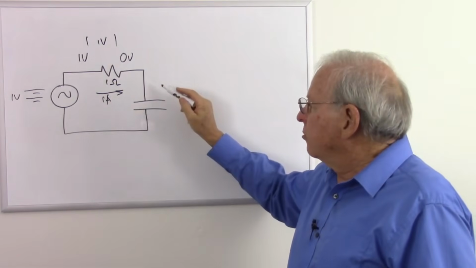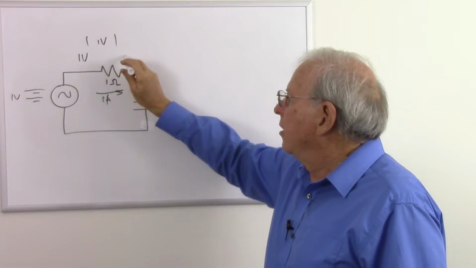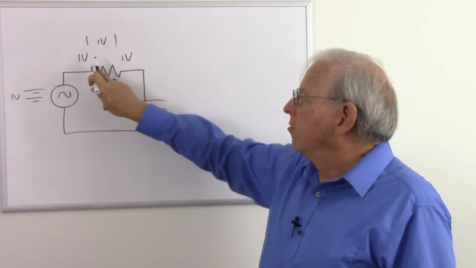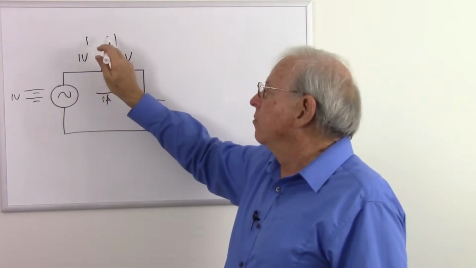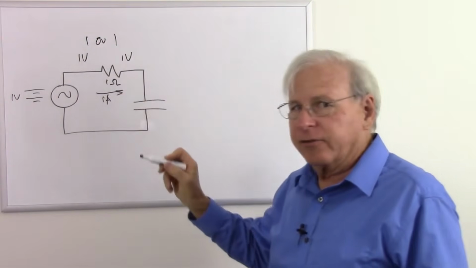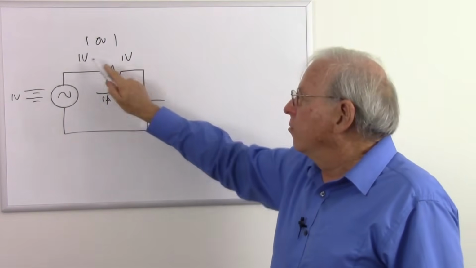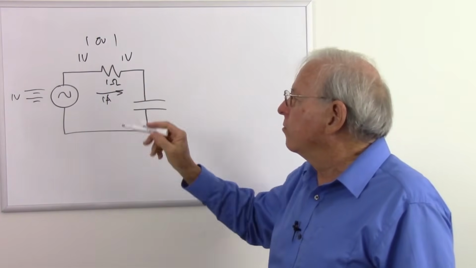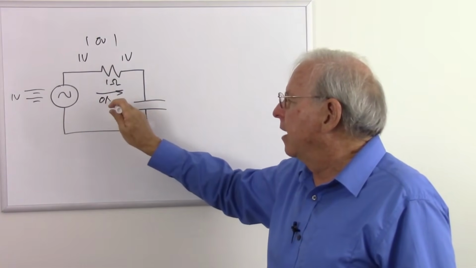But as the capacitor charged, this voltage rose and eventually it reached 1 volt also. And so if we have 1 volt here and 1 volt there, there's no voltage difference. Therefore, there's only 0 volts across the resistor. Remember that our voltage difference is what matters. So there's no voltage difference. That means 0 volts. And therefore, there was 0 amps of current flowing through the capacitor.